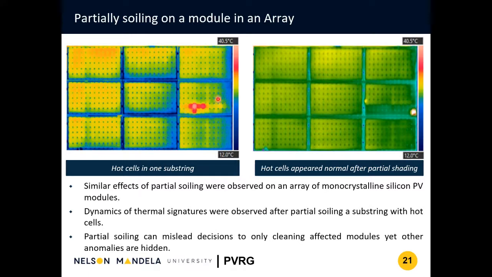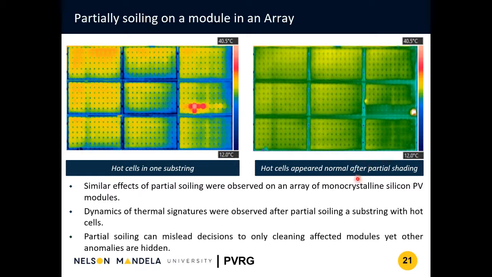The hot cells can be seen on the TIR image that was captured without soiling, and after partially soiling one cell, the hot cells disappeared, and they all operated as good cells due to the change in current mismatch in the shaded substring.